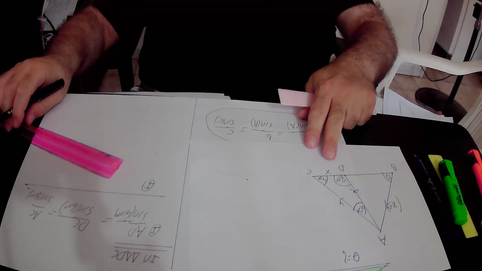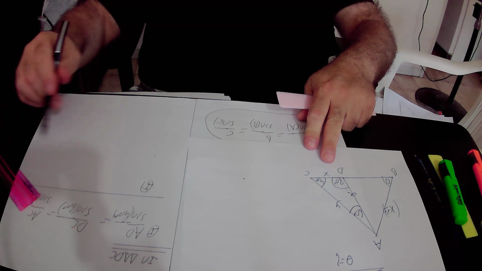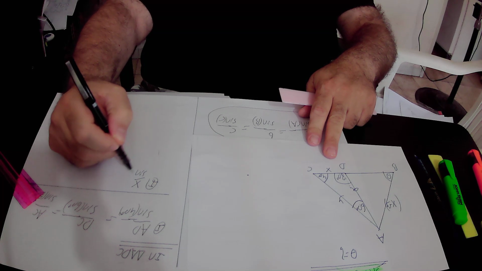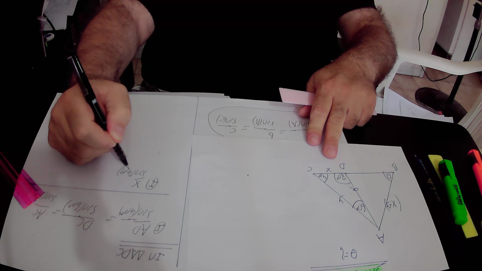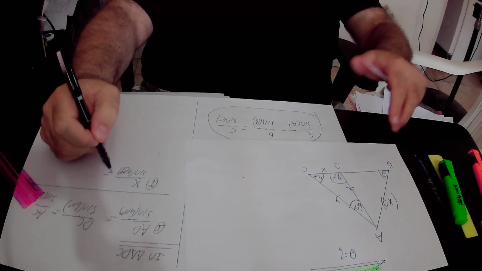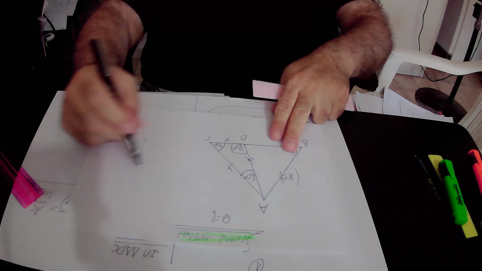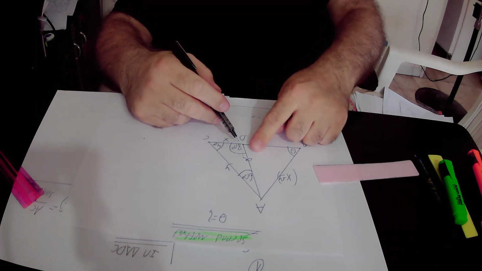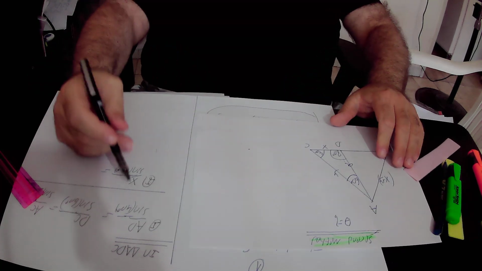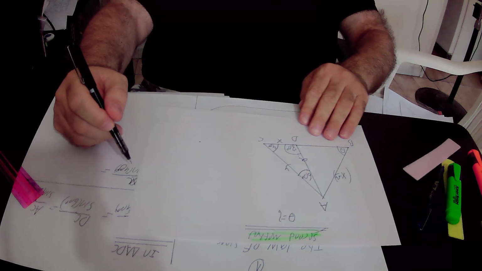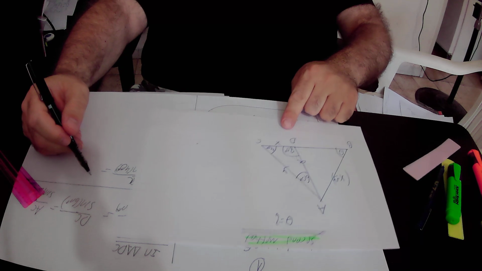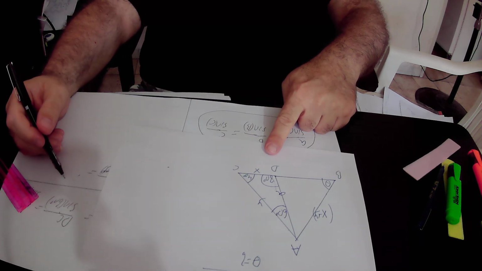Here AD equals x according to what is given in the problem, so we'll substitute AD by x and we get x over sine 40 degrees equals, here AD equals a according to our definition, so a over sine 40 degrees, and it is equal to DC over sine 60 degrees.